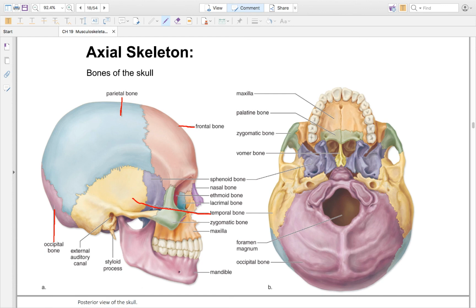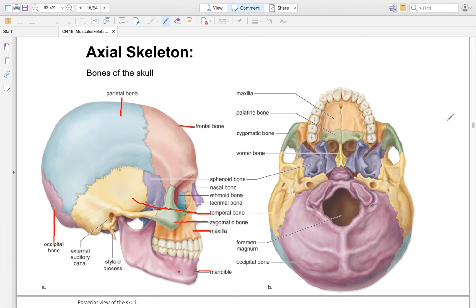Your cheekbone is called your zygomatic bone. Your upper jaw, where that houses your upper teeth, that's called the maxilla. Your lower jaw, it's that hinge, this whole structure, that's the mandible.